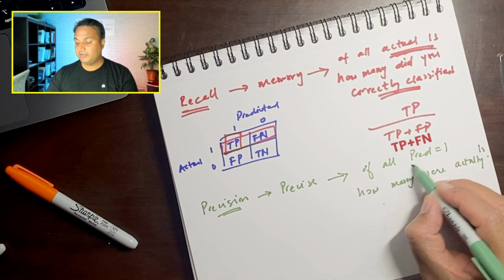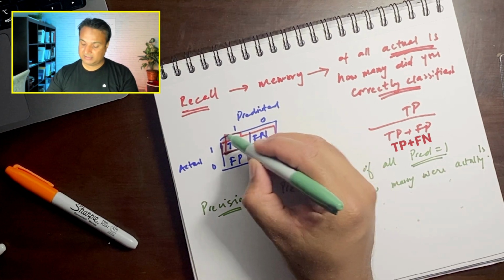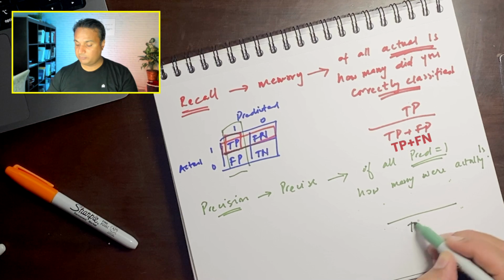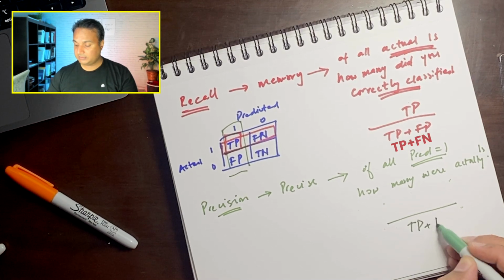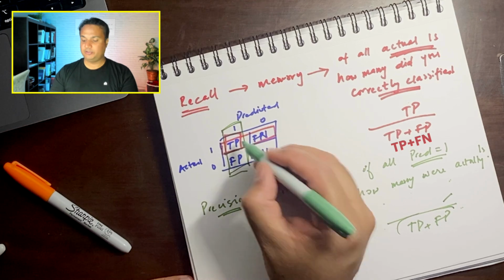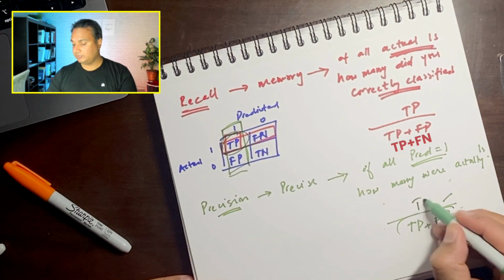By understanding this intuitive explanation, you can again go back to your confusion matrix and derive the formula. For all where the prediction is one, and this is where the prediction is one, we can see that the denominator would be TP plus FP, and the numerator would be what subsection of this was actually true. It is this part. So it will be this.